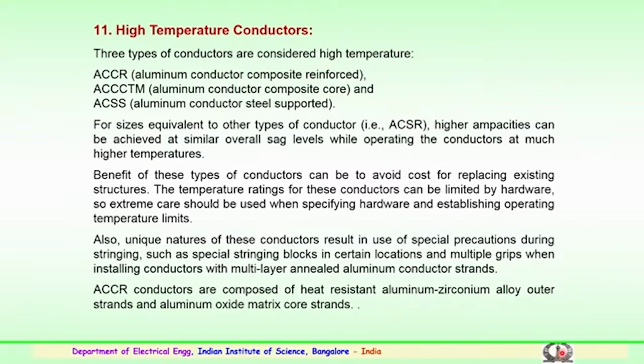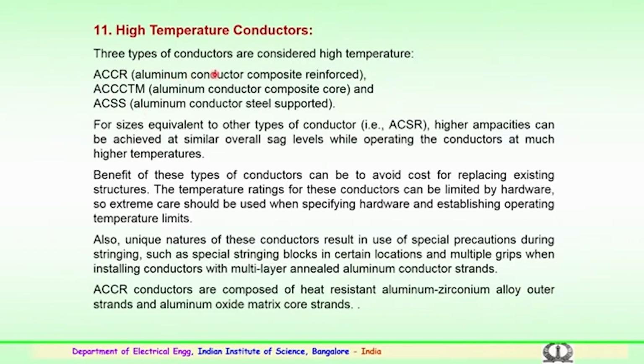These are very important particularly for the distribution segment. High temperature, low sag, high current conductors have been used recently, and they are mainly of 3 types.